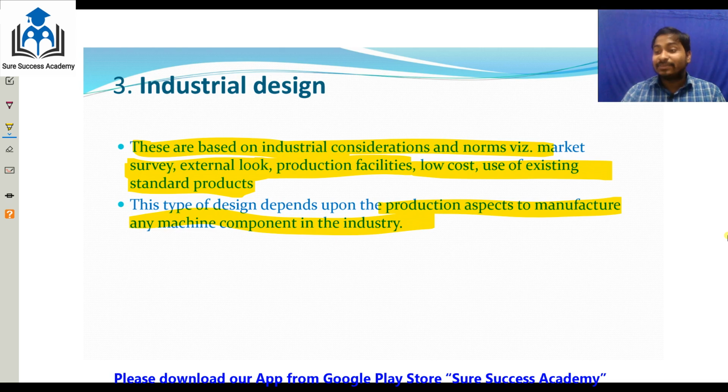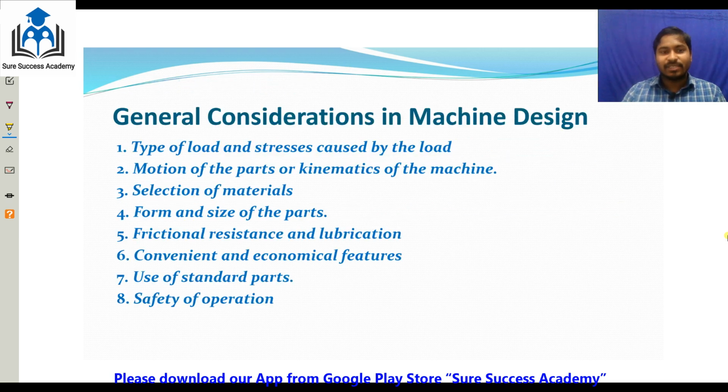Element design is the design of any element of a mechanical system like piston, crankshaft and connecting rod. That is called element design. Computer aided design, CAD, depends upon the use of computer systems to assist the creation, modification, analysis and optimization of designs. Okay, this type of design is also available.